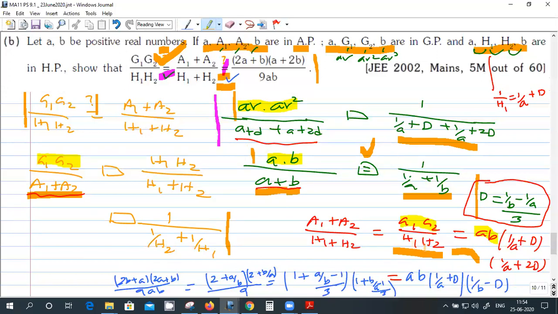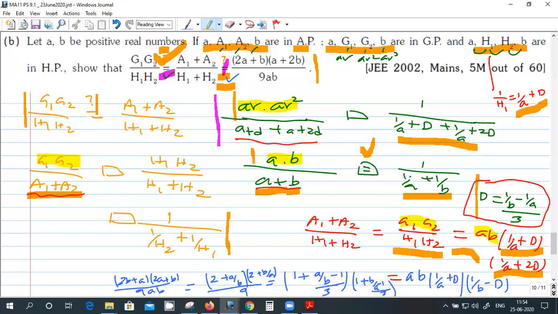And then H1 H2 is 1 by H1 into 1 by H2, right? And 1 by H1 is 1 by A plus capital D, and 1 by H2 is 1 by A plus 2D. Is it clear? Yes, sir.